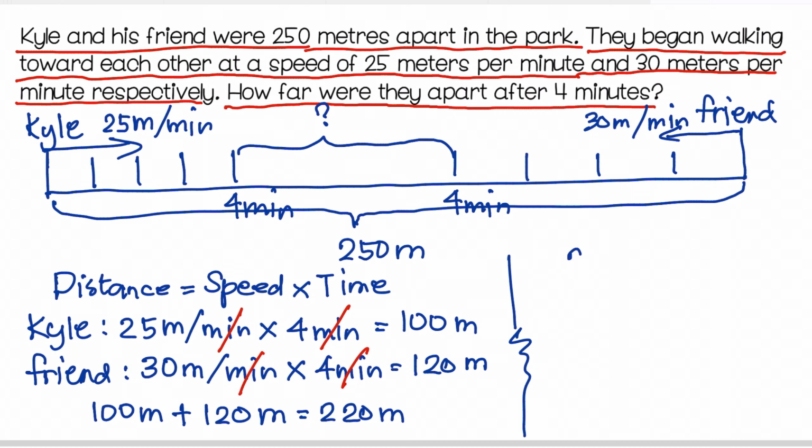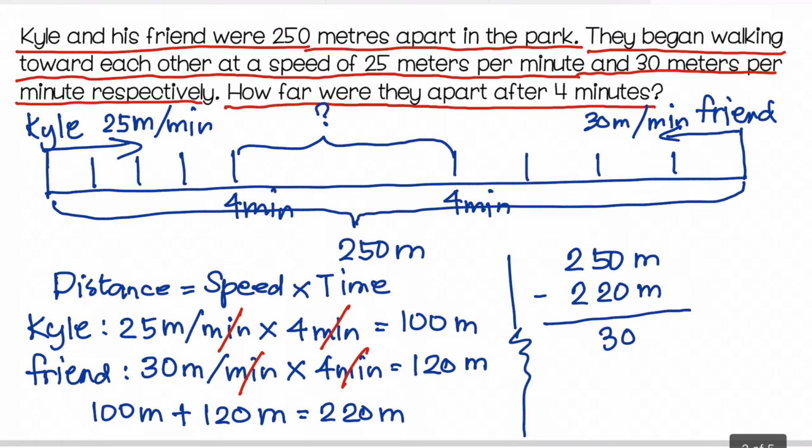The next thing to do is, since their distance at the beginning was 250 meters apart, we subtract the distance that they have taken, 220 meters. 250 minus 220 is 30 meters. Now, how far were they apart after 4 minutes?